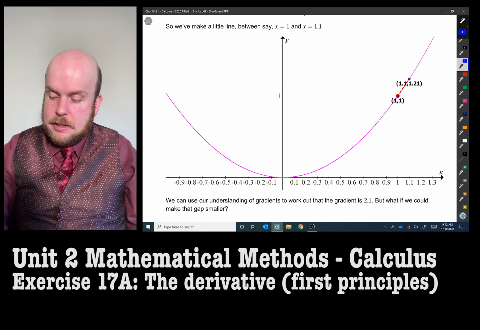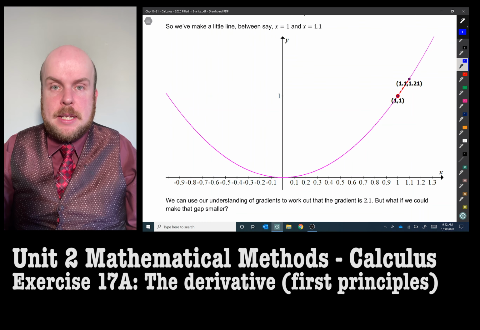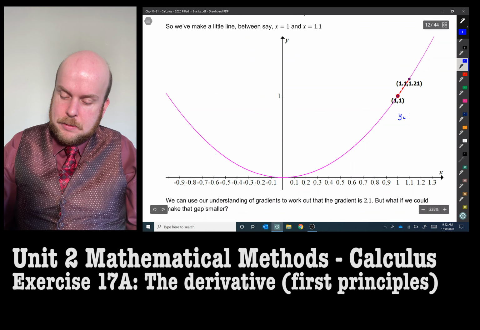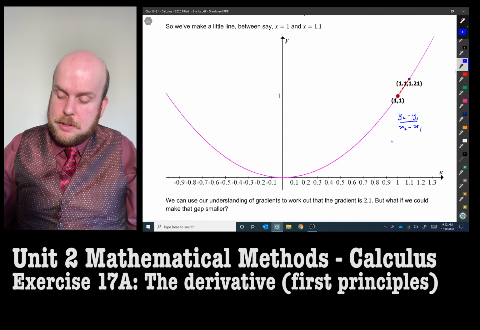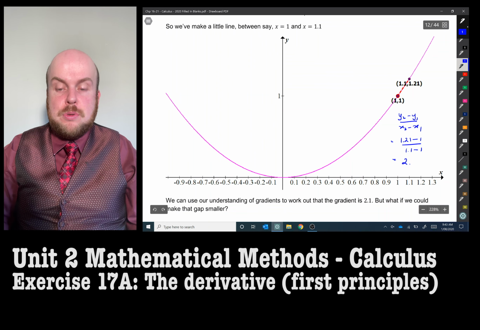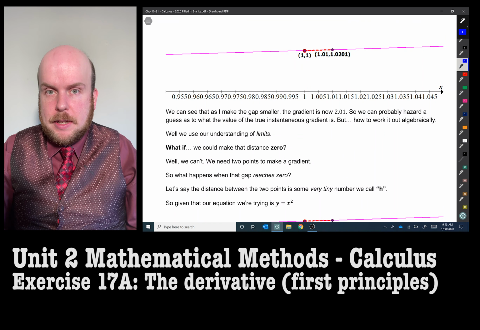As you can see here, I found my values, and what I'm doing is I'm just going to find the gradient of that. So if I do my y2 minus y1 over x2 minus x1, I'll get 1.21 take away 1 over 1.1 take away 1, then I get an answer of 2.1, which we've identified here. But what if I made that line even smaller?